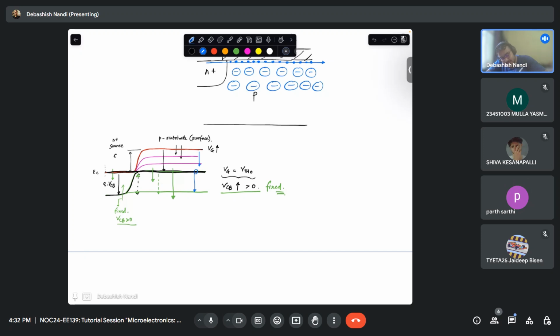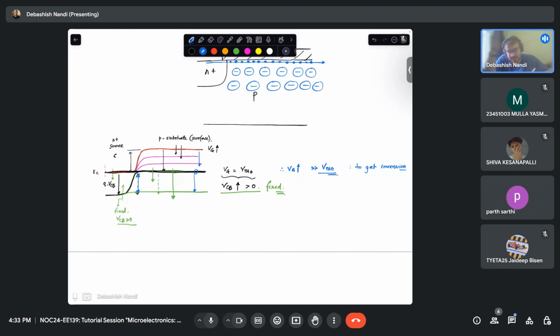So in this case, your VG has to be increased much beyond your VTH0 to get inversion. As soon as you increase your VCB, it is increasing the barrier again. So to reduce that barrier, you need to increase your VGB further, right?